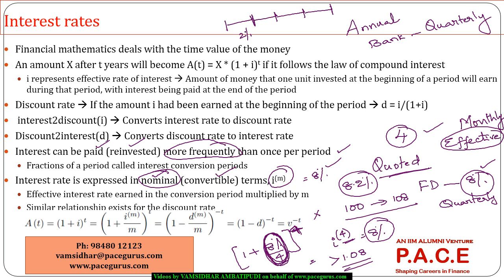So this 2% multiplied by 4 is what we are calling the nominal rate of interest. But understand, the interest that came here will carry another interest here, will carry another interest here, will carry another interest here. So the effective rate of interest for the whole 1 year is different. The effective rate of interest for this single period is different.